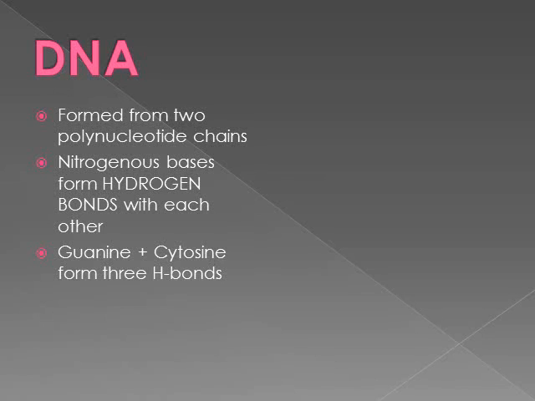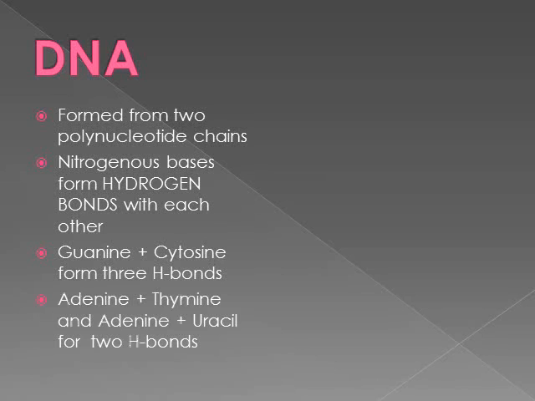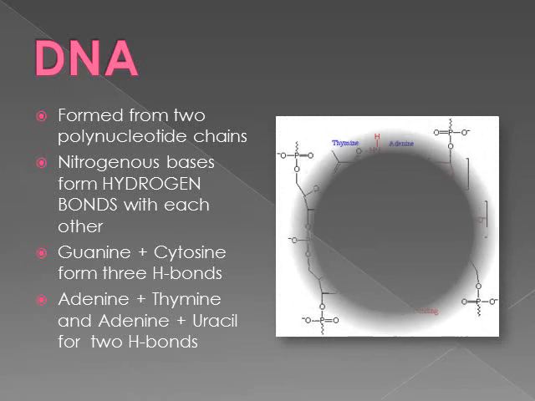If the bases are guanine and cytosine, they will form 3 hydrogen bonds. If they are adenine with thymine or adenine with uracil, they will form 2 hydrogen bonds. And you'll find that the bonding won't occur in any other way. So we're always going to have one purine and one pyrimidine bonding together. We're not going to have 2 purines bonding with each other or 2 pyrimidines bonding with each other.